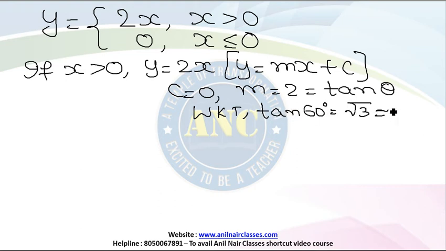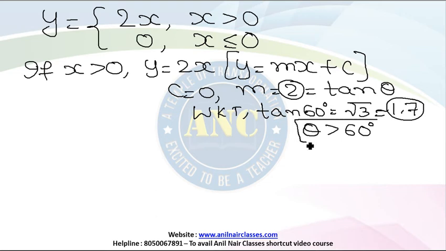Root 3 is approximately 1.7. Now if the value of tangent of angle is 1.7, then the angle is 60. But the tan theta value is greater than 1.7. That means the angle is slightly greater than 60. Right? I believe that you are clear. Angle should be slightly greater than 60.